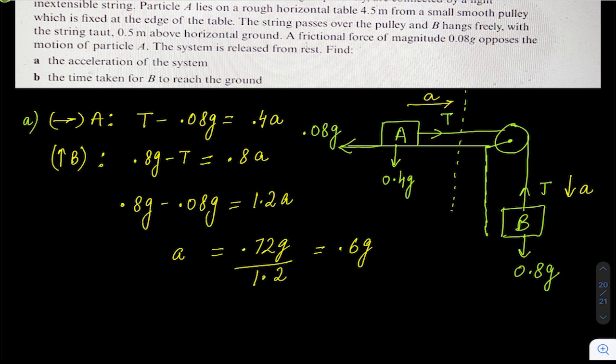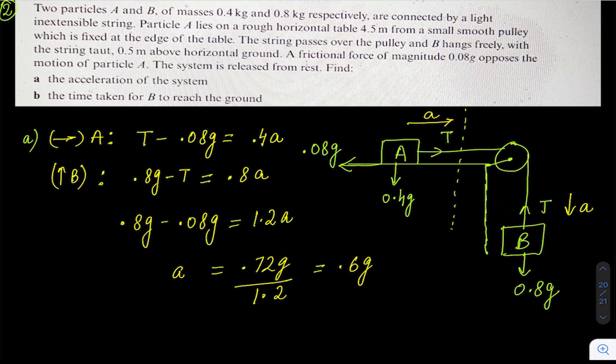Next is the time taken for B to reach the ground. B is at a height of 0.5 meter above the horizontal ground, as you can see in the diagram. So this is my ground, and this height is 0.5 meters.